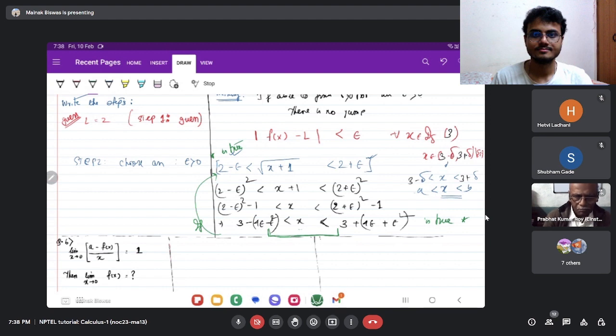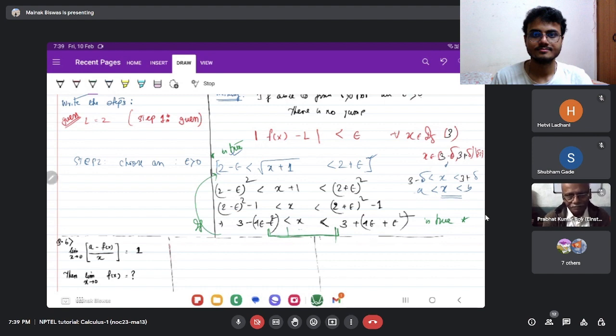In that case there must be a delta, obviously. So we'll be able to find a delta somewhere here. If we can find a delta somewhere here, that should be a subset of this set.